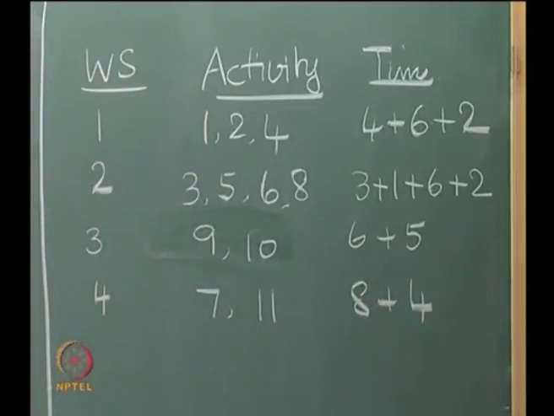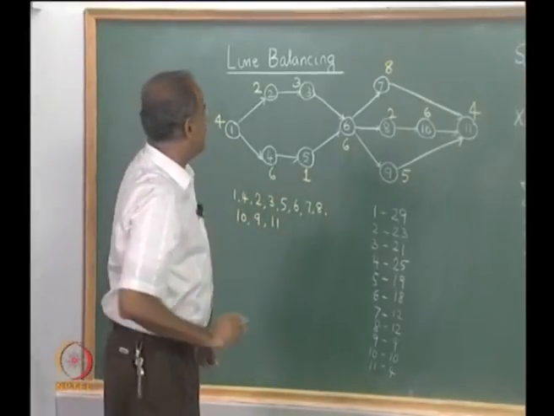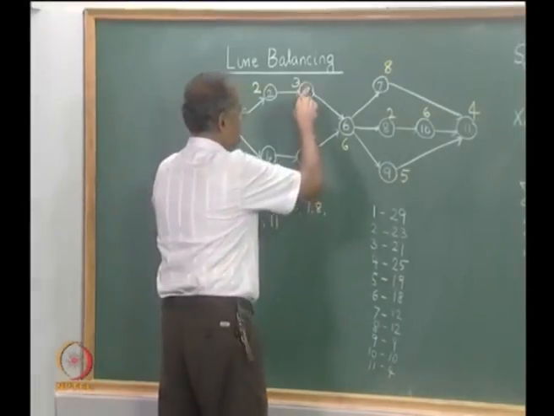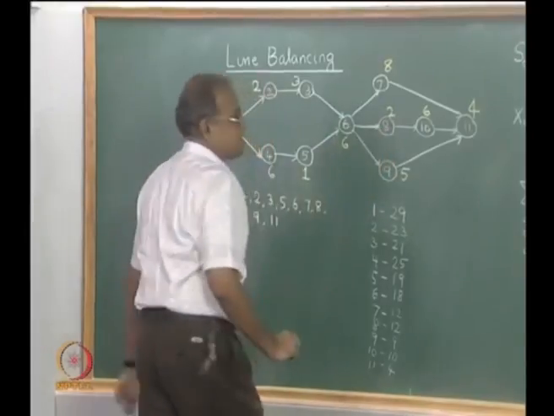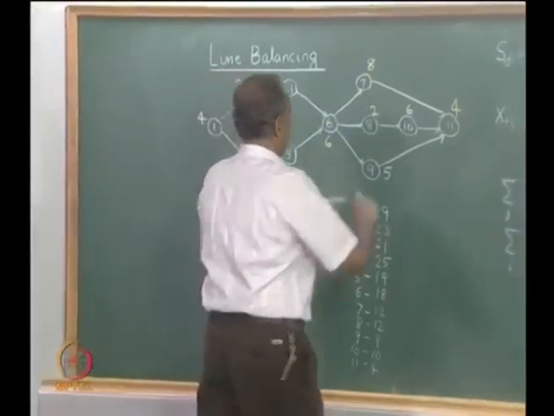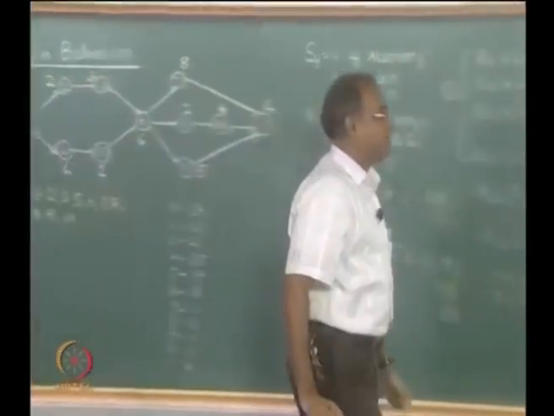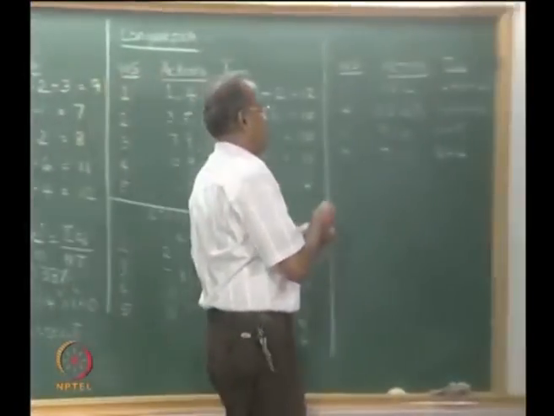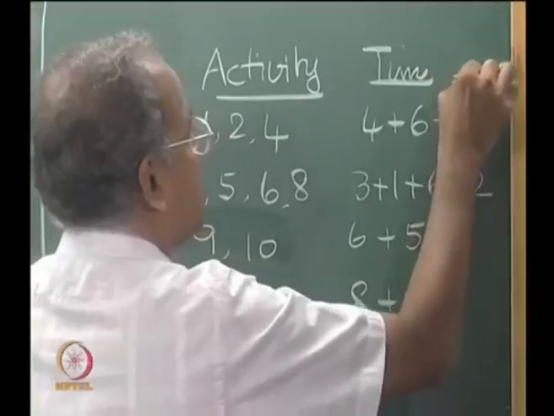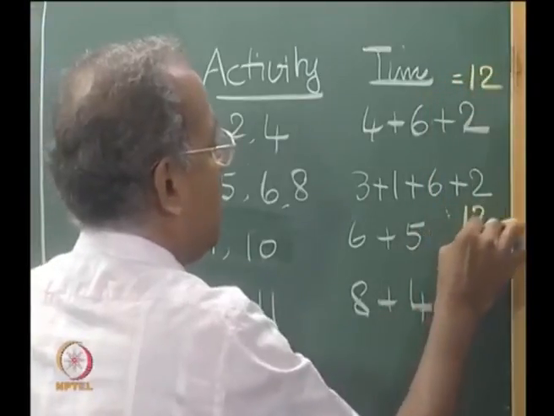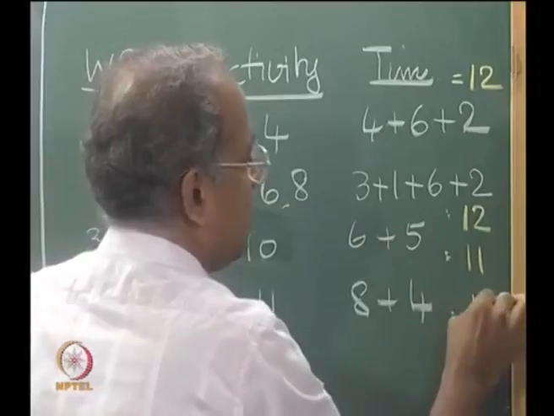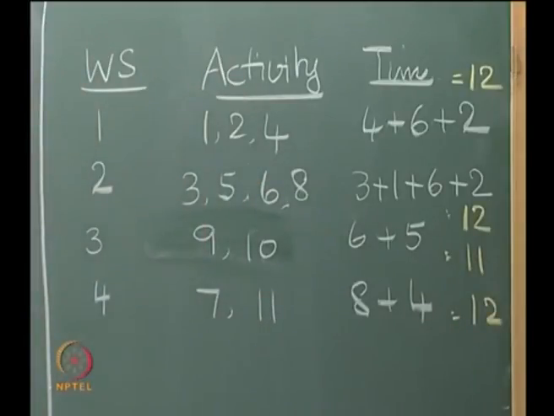So, this is the optimum solution to this particular problem, where we have 1, 2 and 4, once again precedence are satisfied, 3, 5, 6 and 8 precedence are satisfied, 9 and 10 precedence are satisfied, 7 and 11 precedence are satisfied. So, the cycle times here will be 4 plus 6, 10 plus 2, 12, 12, 11, 12 with total equal to 47.